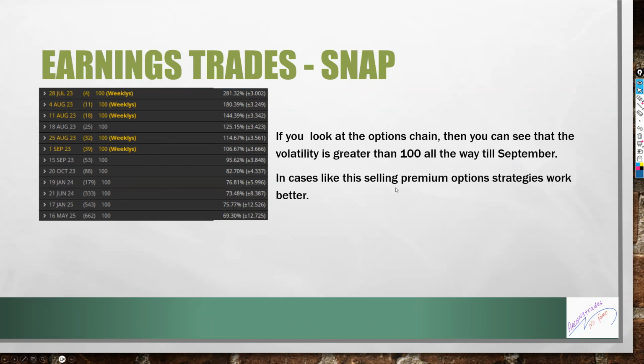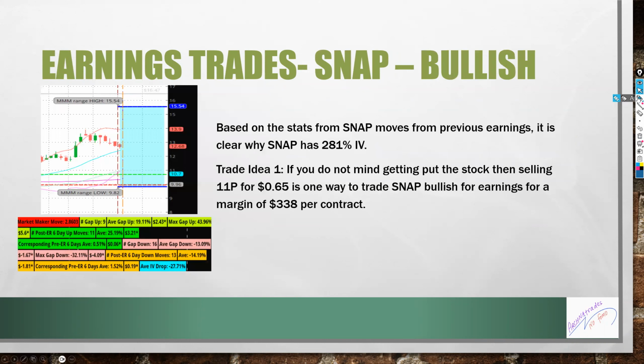Let's go through them. What kind of trades can be done? I'm just showing this for Snap. It was at 12.68 yesterday. Its market maker move was around $3. Maximum gap up it has ever had is 43%, which is around $5.50.